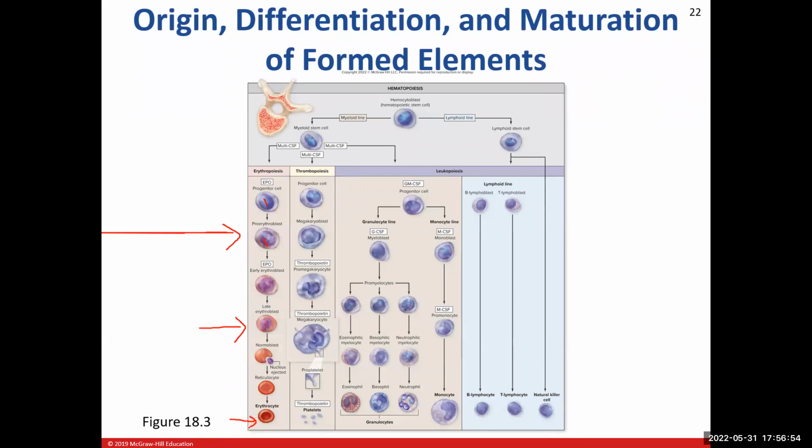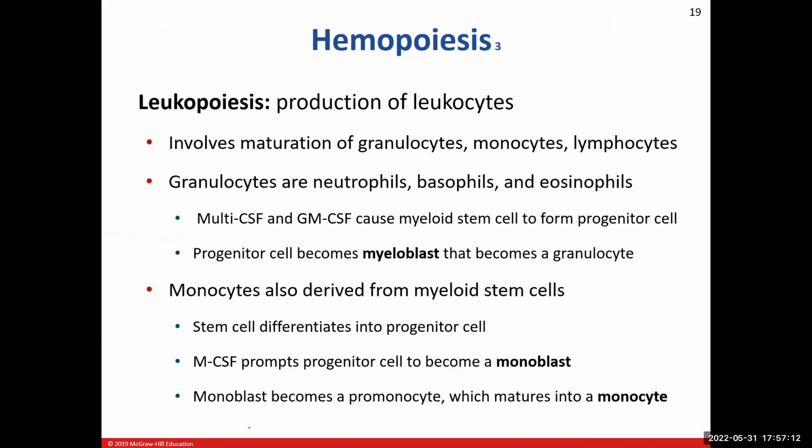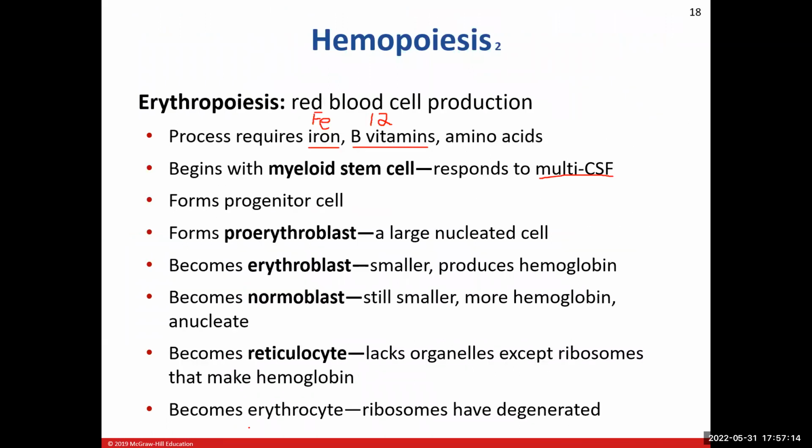It is anucleate. So that means there's no nucleus in the adult form of the erythrocyte. It's one of the few cells that does not have a nucleus. And that is partly the reason why red blood cells only live for 120 days on average.